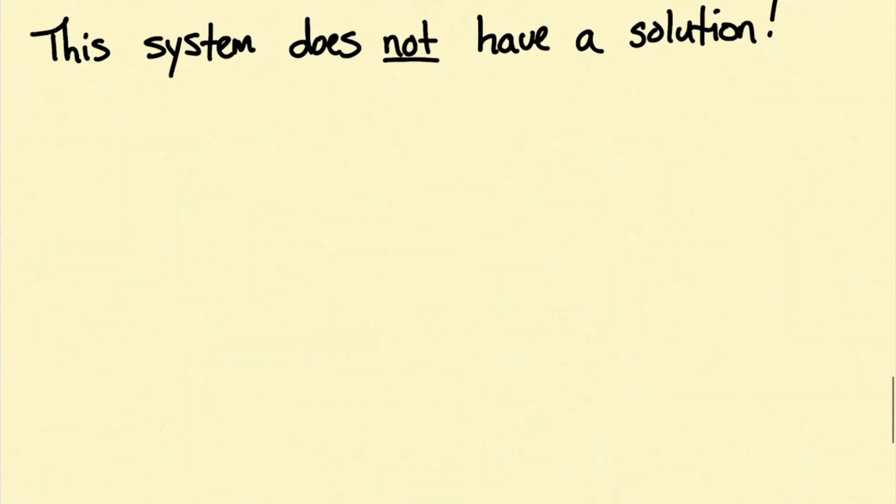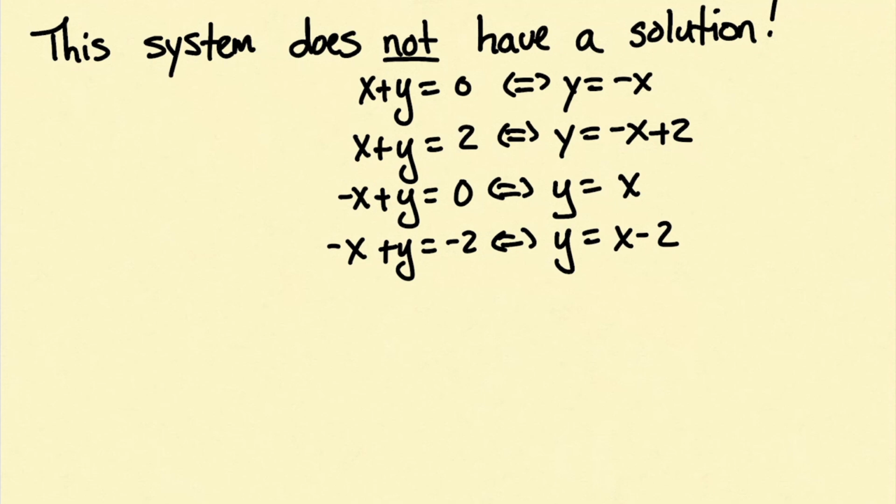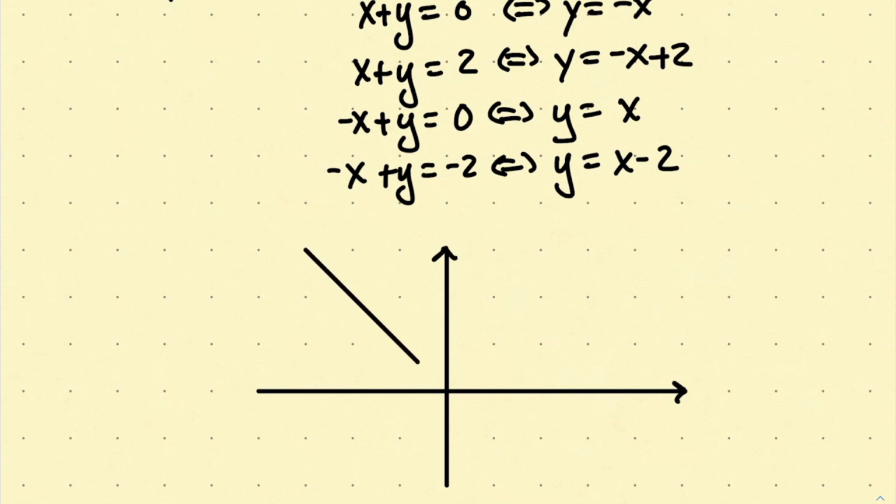To understand why this system does not have a solution, let's go back to the original 4 equations. If we write down each of these 4 equations in a more familiar form, then we can think about this system geometrically. The first equation and the third equation give us 2 perpendicular lines with slope 1 and slope -1.